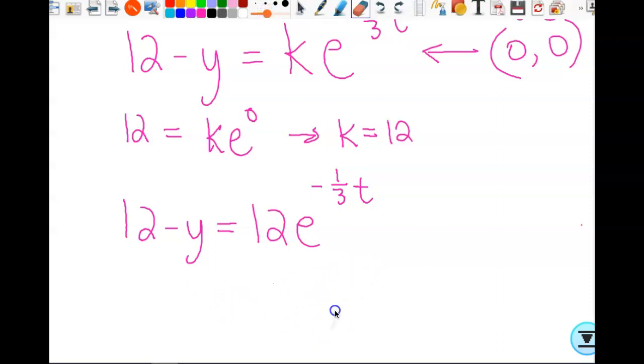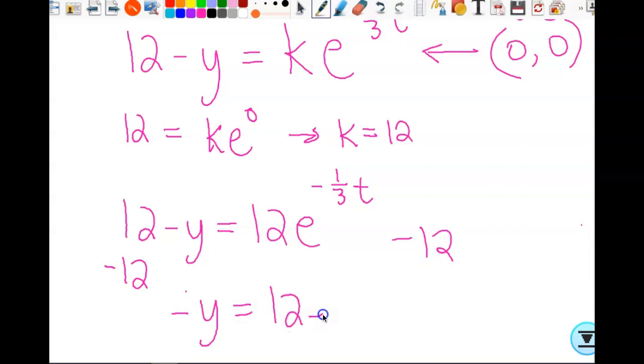All right, you guys tell me what to do. What do we do first? You want to subtract 12? Subtract 12. So the opposite of y is equal to 12 e to the negative 1/3 t minus 12. And now what?